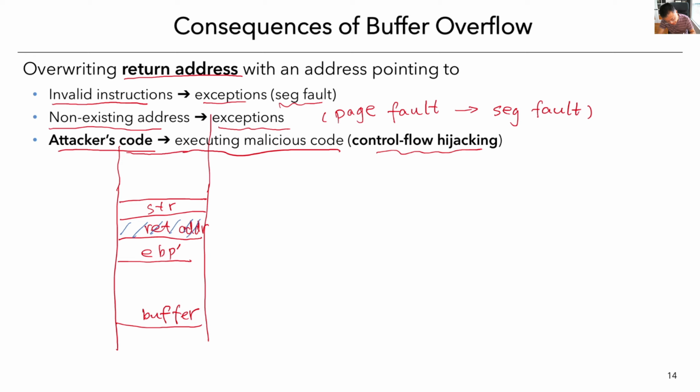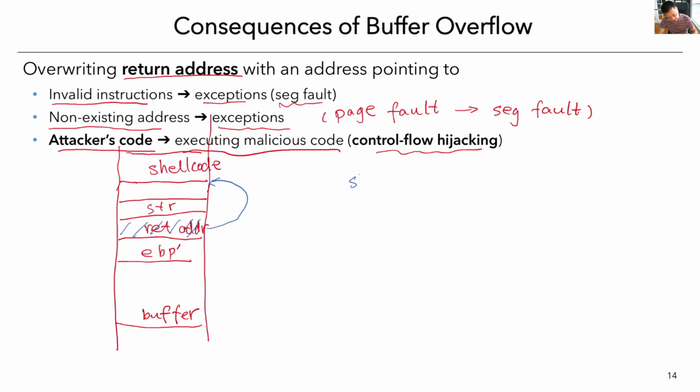Here we can put the shellcode. Now when you overflow the return address, you can point it into the shellcode. By doing so, you can execute the malicious code.